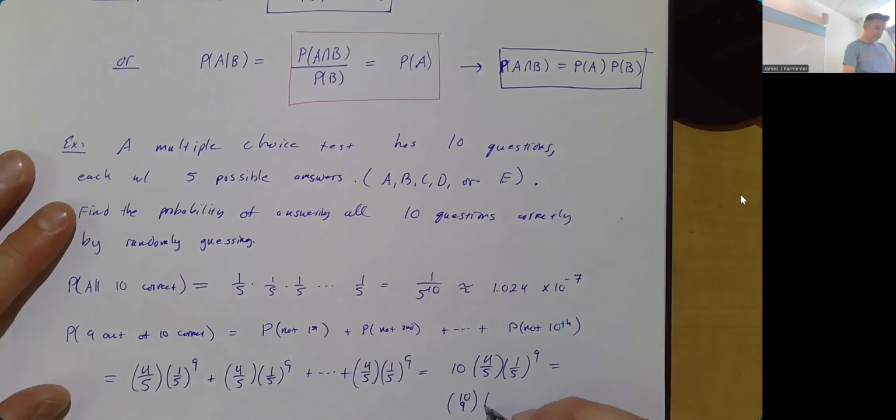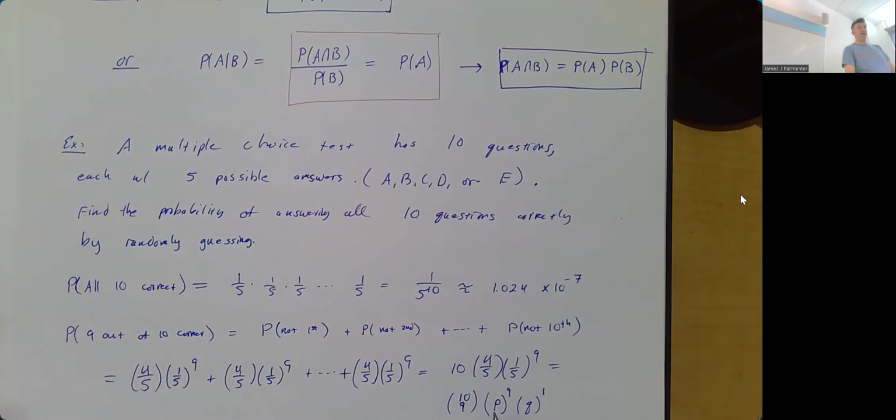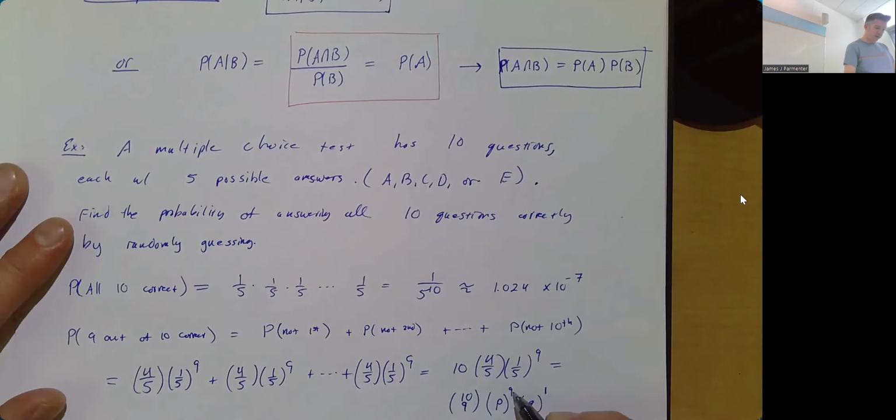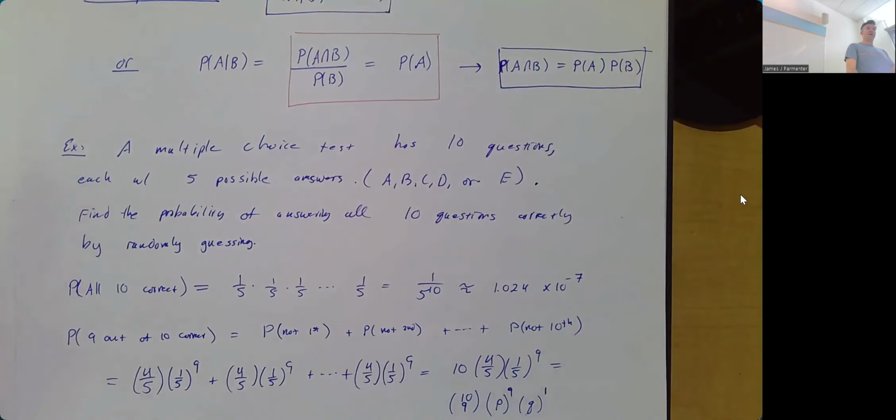And then it's my probability of success to the 9th power times the probability of failure to the 1st power, because I want the probability of success raised to the number of successes power and the probability of failure raised to the number of failures power. You will definitely see this when you take stats, when you talk about the binomial stuff.